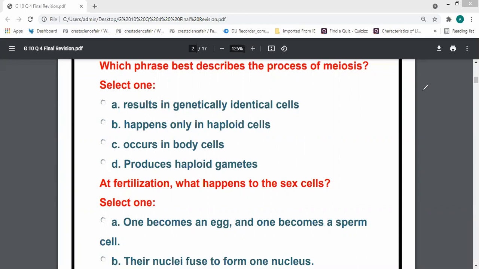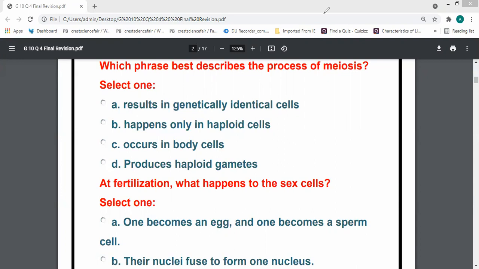I explained it before. The two types of division, mitosis and meiosis, both of them occur or happen in somatic cells, in diploid cells. But one of these divisions, mitosis, produces the same diploid cells, but meiosis produces haploid cells, which means it reduces the number of chromosomes.